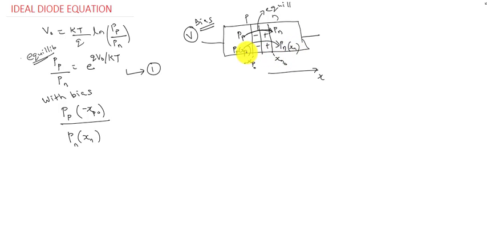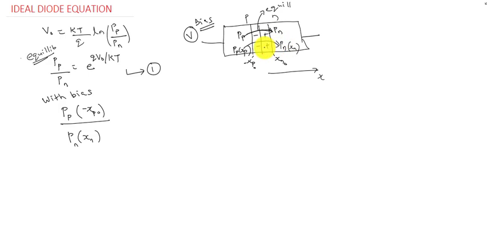As the bias voltage increases, more holes will diffuse to the N side. This is the equilibrium case and this is the biased condition. We are only considering the hole case. Similarly, electrons are diffusing from N to P, which we have not considered here. Hole diffusion from the P side to the N side is the only one we are considering. So PP, PN are the equilibrium values, and PP of XP and PN of XN are the biased values.